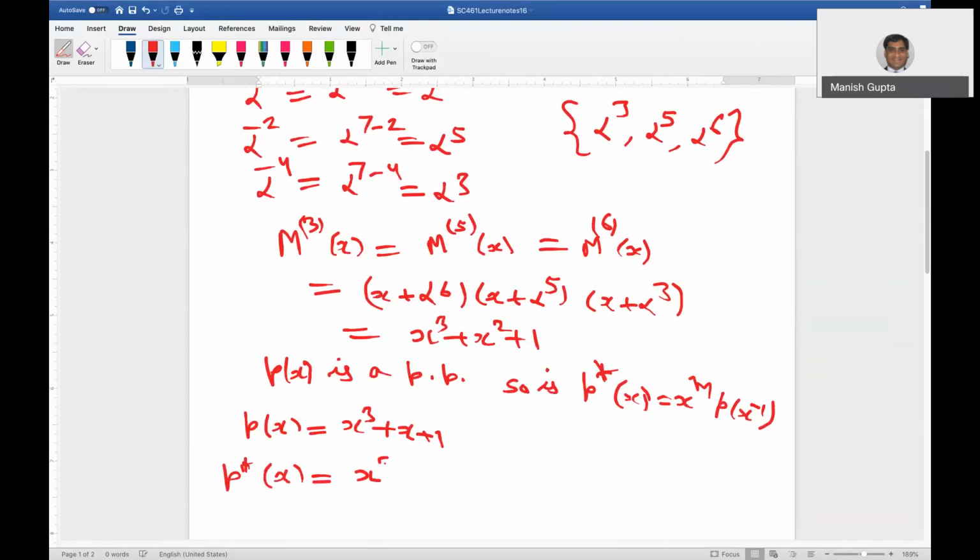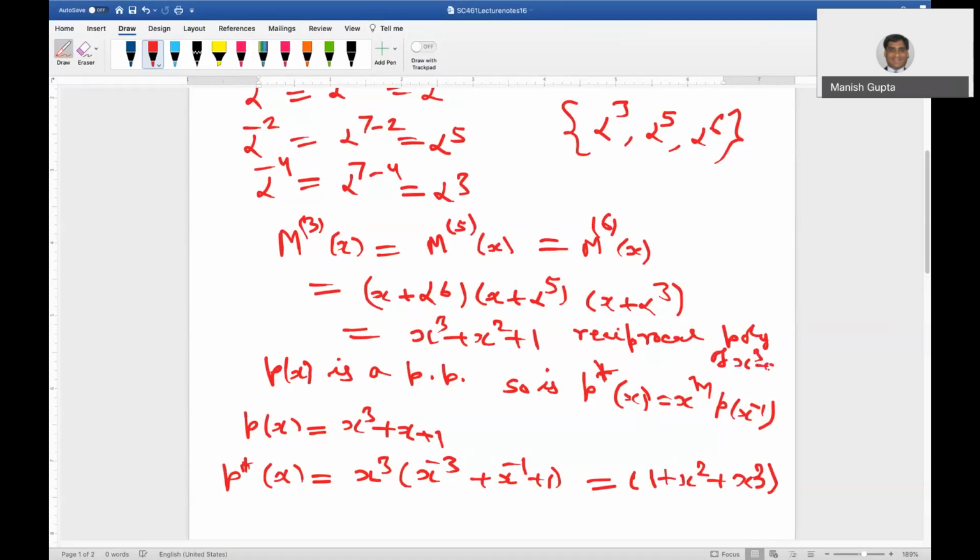X cube times x raised to minus 3 plus x raised to minus 1 plus 1, which is same thing as 1 plus x square plus x cube, the other polynomial, right? So it turns out that x cube plus x square plus 1 is a reciprocal polynomial. This is nothing but the reciprocal polynomial of x cube plus x plus 1.